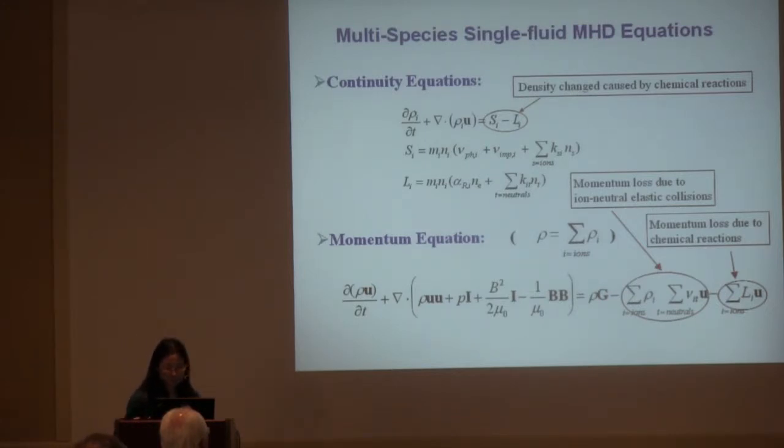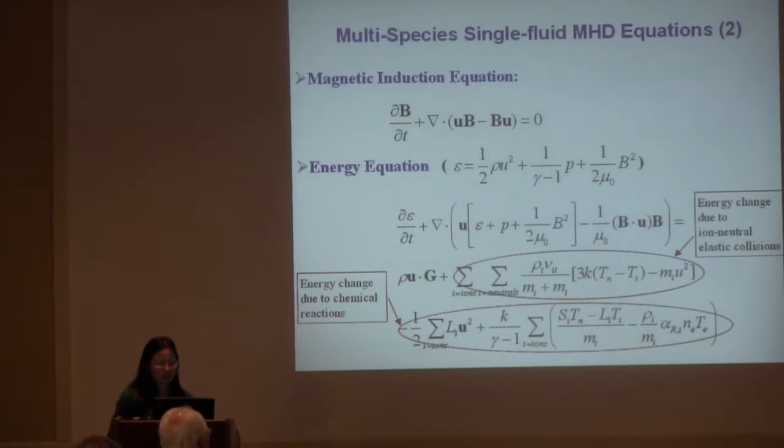But this velocity becomes important at high altitude when the solar wind comes in, and this is calculated through the momentum equation. We included the momentum loss due to both ion-neutral elastic collisions and chemical reactions. We also included the energy loss due to chemical reactions and ion-neutral elastic collisions in our energy equation.